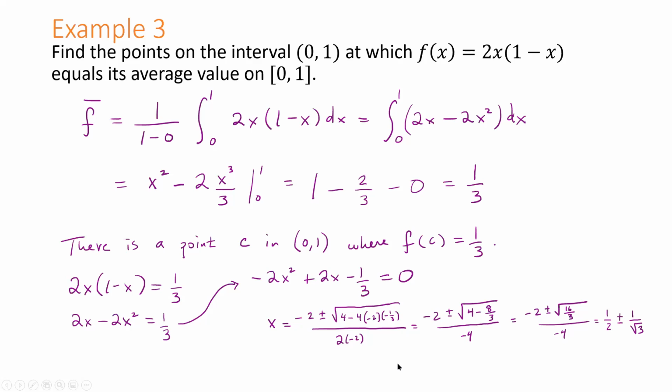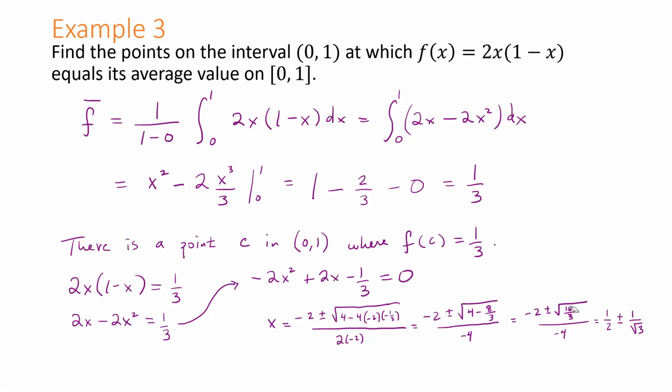Let me see, I'm getting something not quite right. Is it because it's 16 over 3 in the radical? How did you get 16 over 3 inside the square root? Oh yeah, I think I made a mistake there. Let me double check that. That should be 12 minus 8.